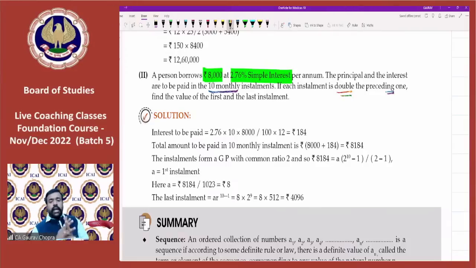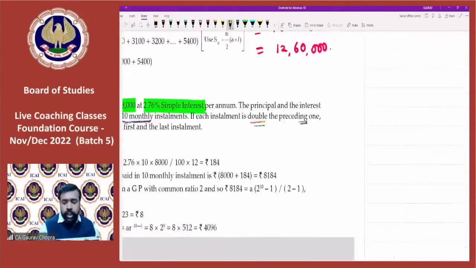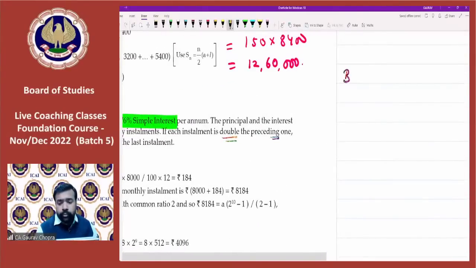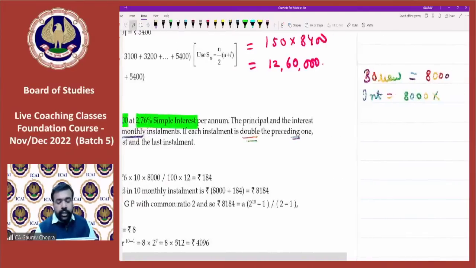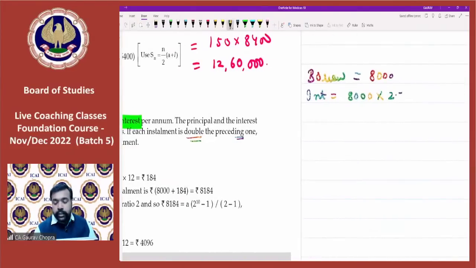First of all, we can calculate how much amount we have to pay in total, because whenever we have borrowed, we have to pay with interest. So the borrowed sum is 8,000. How much will be the interest? Let us calculate 8,000 multiplied by the rate. The rate is 2.76%.